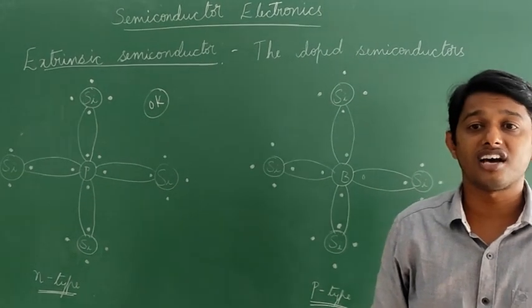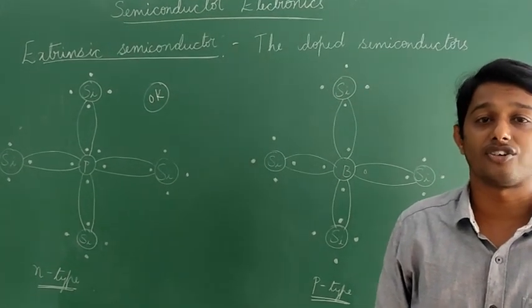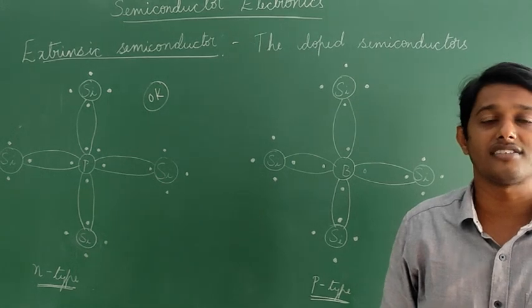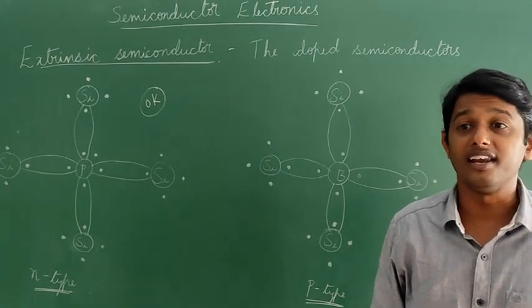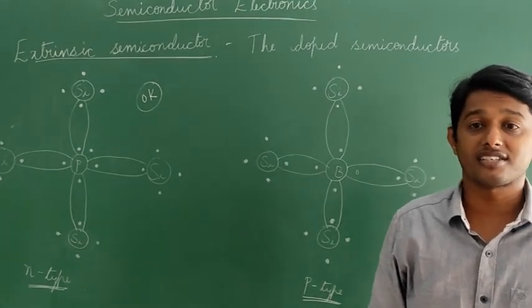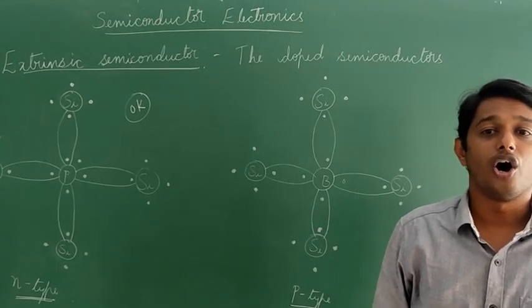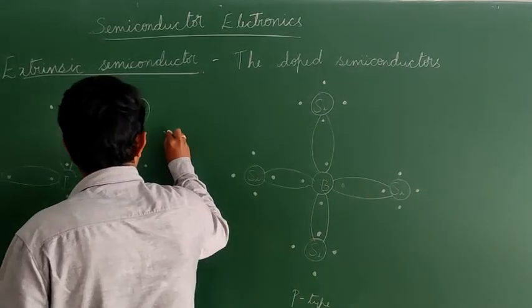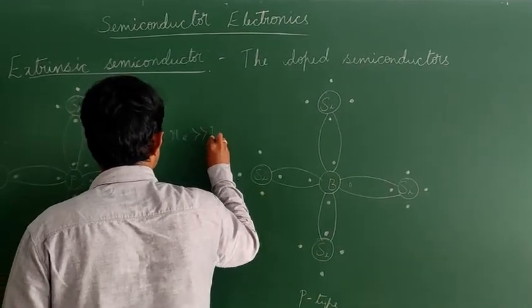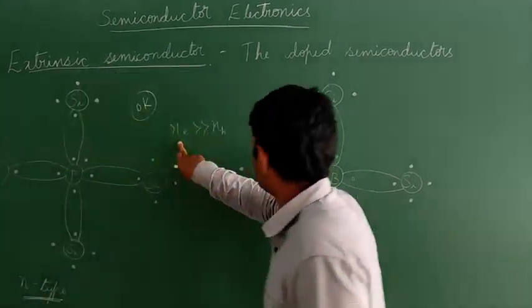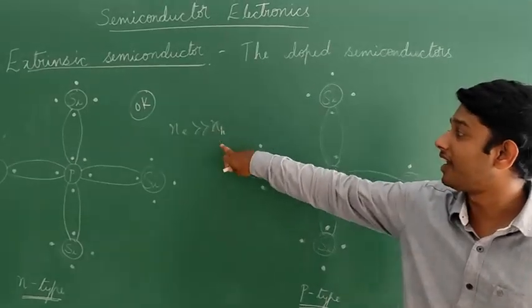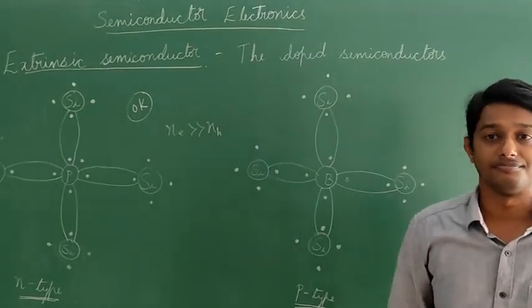Hence, majority charge carriers are free electrons and minority charge carriers are holes. So Ne is very much greater than Nh. The number of electrons is greater than the number of holes here.